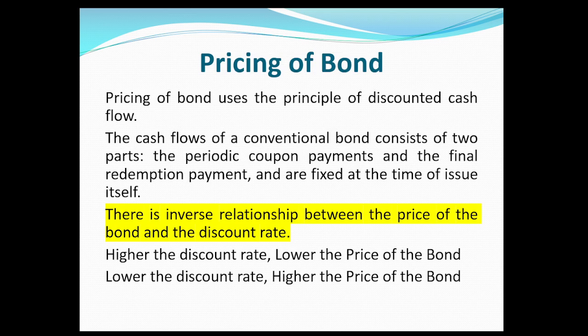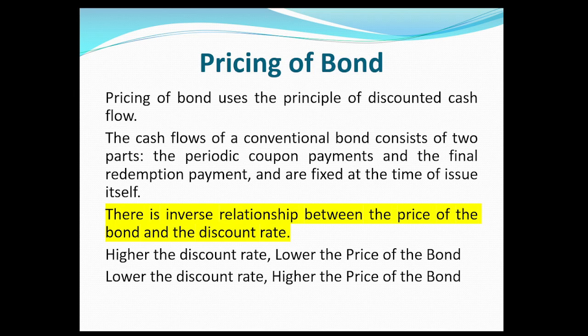Suppose today I purchase a bond which is paying 10% rate of interest. After some time, suppose the rate of interest in the market decreases to 8%. Now what will happen? Now everyone would like to purchase my bond because it is paying 10% rate of interest. So because of the more demand, the price of my bond will increase.